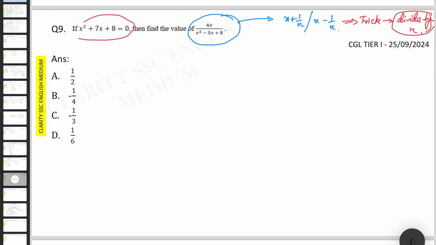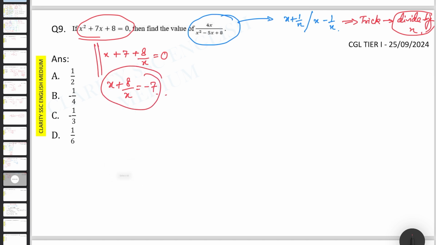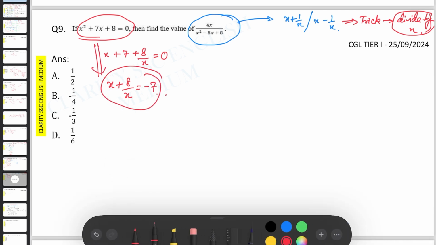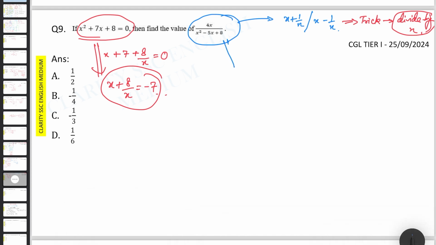First, see this. Divide by x, we'll get x plus 7 plus 8 by x is equal to 0. So x plus 8 by x is equal to minus 7. And from this expression, dividing by x, we'll get 4 by x minus 5 plus 8 by x.